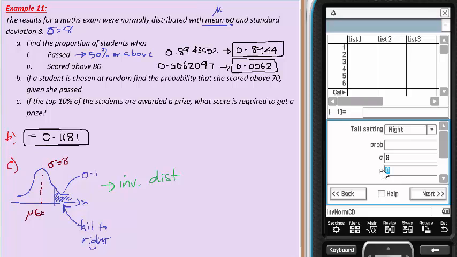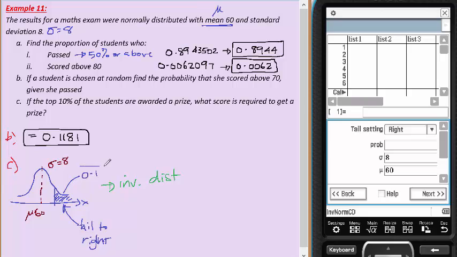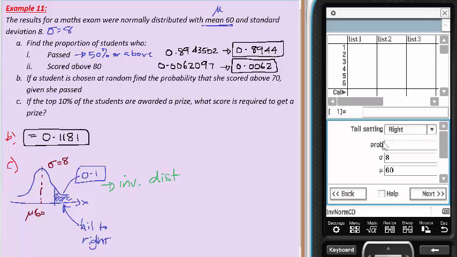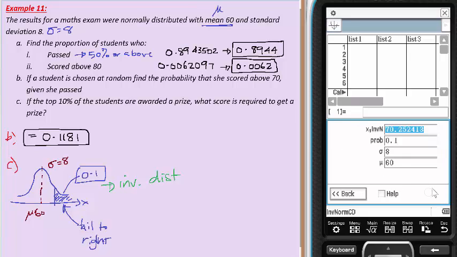My mean is 60. I beg your pardon, my probability, I have 0.1 here, so 10% of my students are in this area. This is what goes into my probability space, 0.1. Let's try and get that in there now. 0.1, and I hit next.